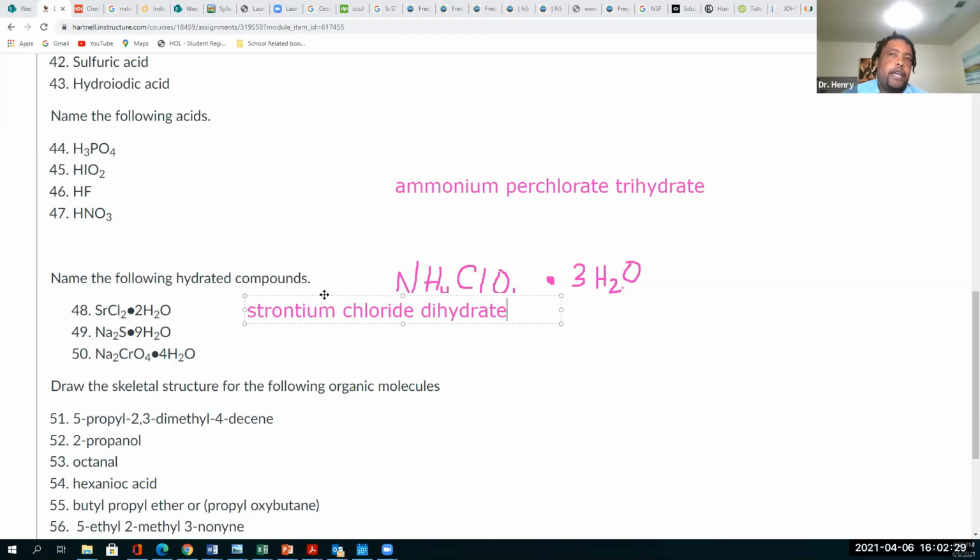Yeah, this is not a covalent bond. And it's Cl2 because what is the charge on strontium? Plus 2. Plus 2, right? So you have two of them to balance it out. Make sense? Yes. Okay. Are there any other questions, concerns?